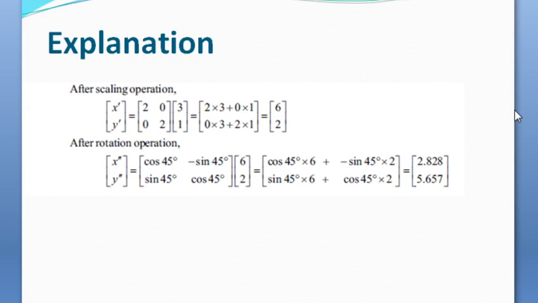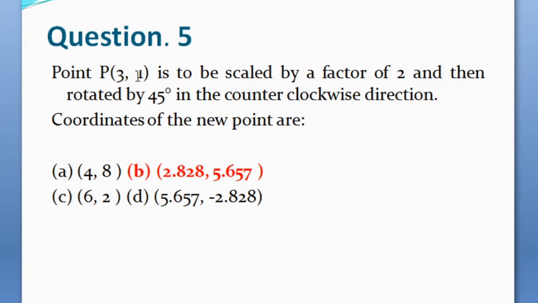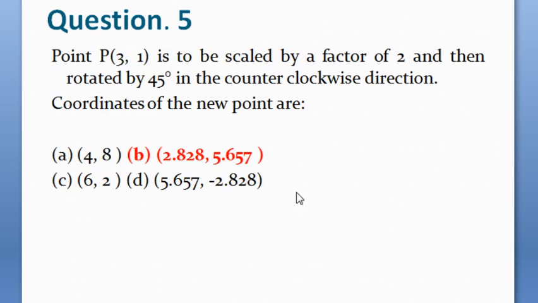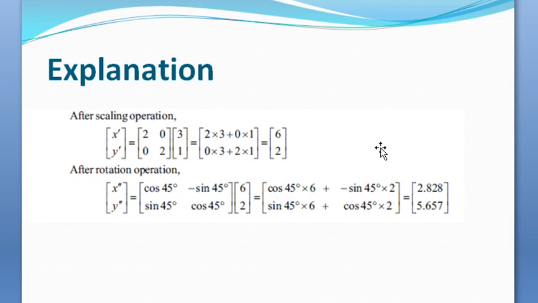So, the explanation. First, we scale the given coordinate P. The initial point (3, 1) is multiplied with the scaling matrix [2, 0; 0, 2]. We get the answer (6, 2). Then it is rotated 45 degrees in the counterclockwise direction.